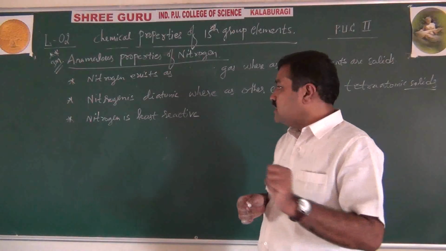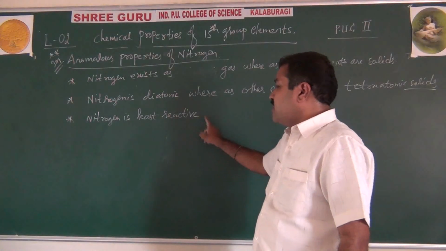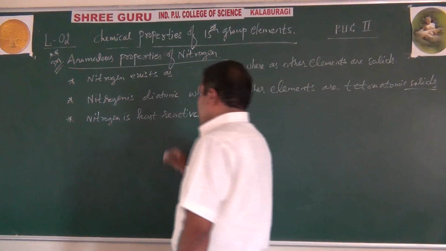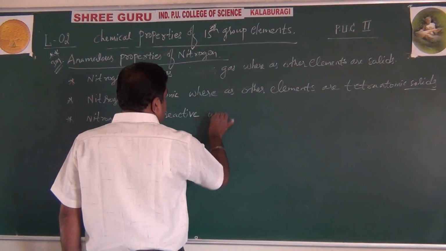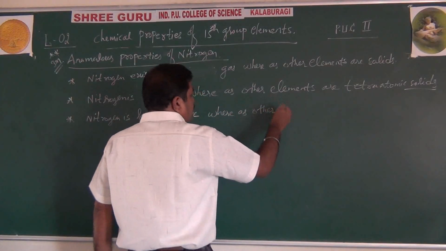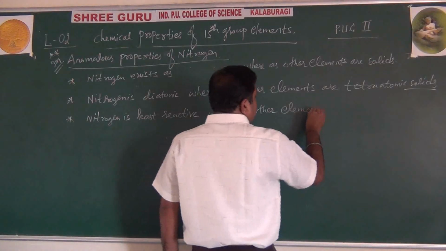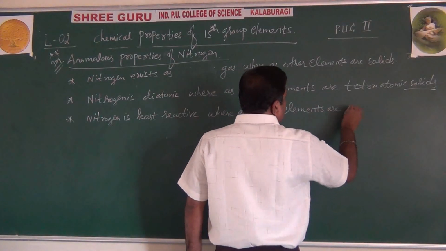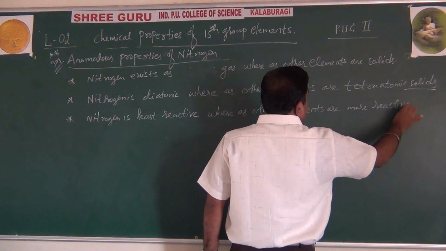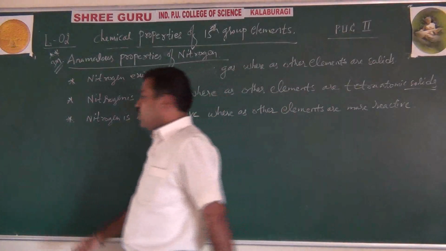Because of high bond energy, nitrogen is least reactive. Very important point to be noted for theory, for one mark. Nitrogen is least reactive, whereas other elements are more reactive because they cannot form multiple bonds. They form only single bonds.